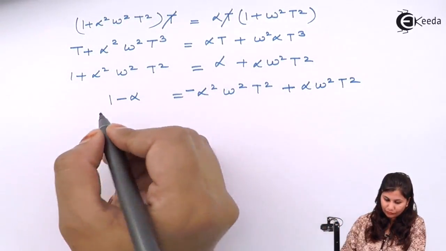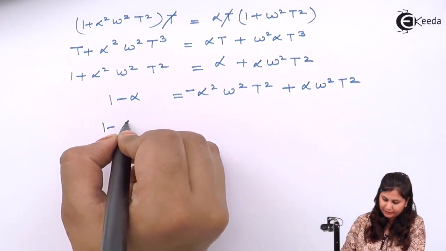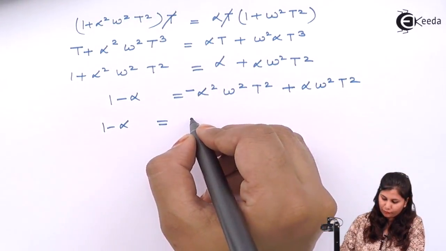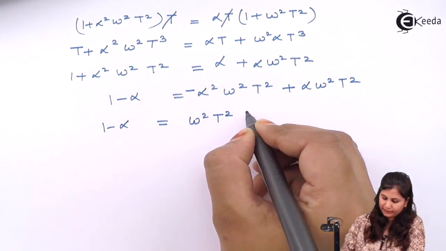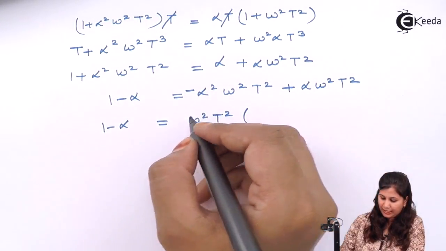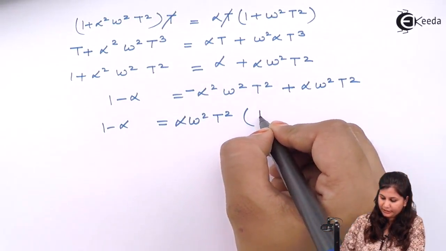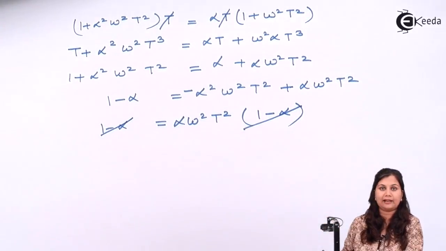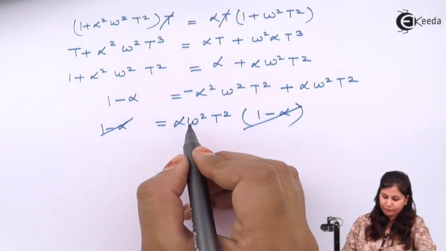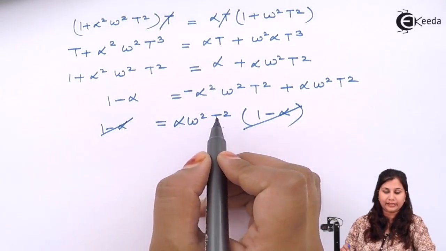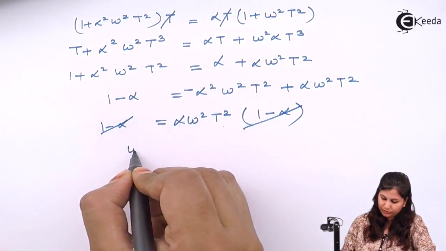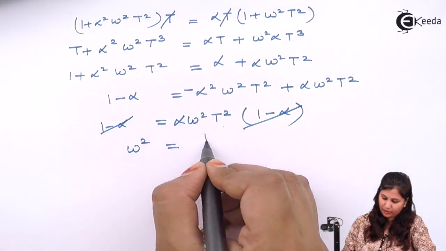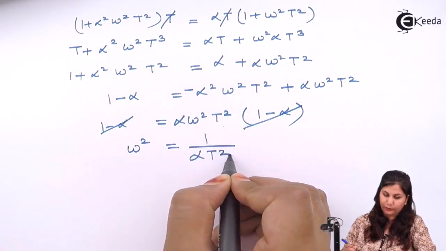Here we have 1 minus alpha on this side; taking common omega square T square and alpha, we are left with 1 minus alpha. So 1 minus alpha cancels out, and we are left with alpha omega square T square equals 1. So from here the value of omega square is 1 upon alpha T square.